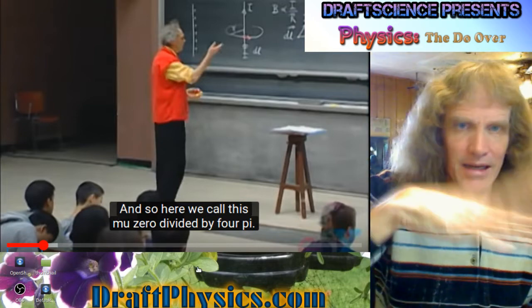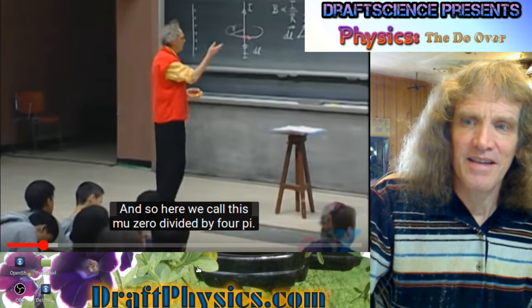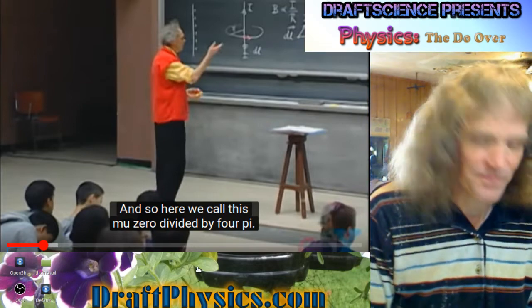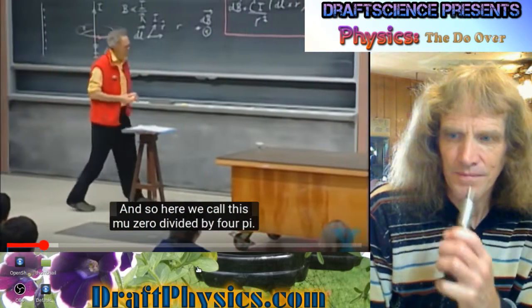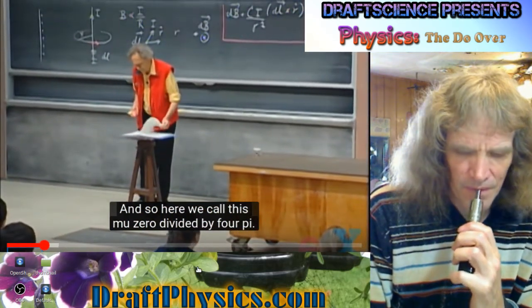So I could come up with any idiotic two things that equal that number and say, there, that's important. When, no, that's a contrivance. Here, we call this mu 0 divided by 4 pi.